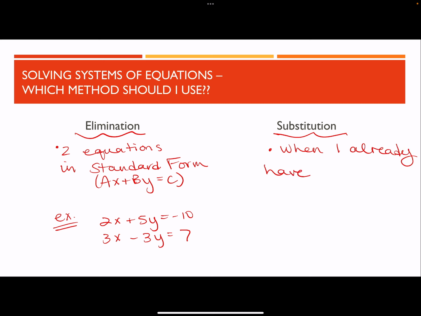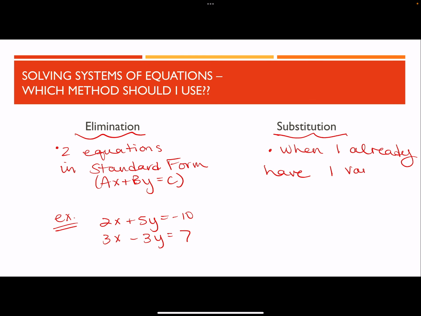Substitution, on the other hand, I'm going to use when I already have one variable by itself. The equations don't necessarily need to be in y = mx + b. y could be by itself or x could be by itself. It doesn't matter. Here's a quick example.